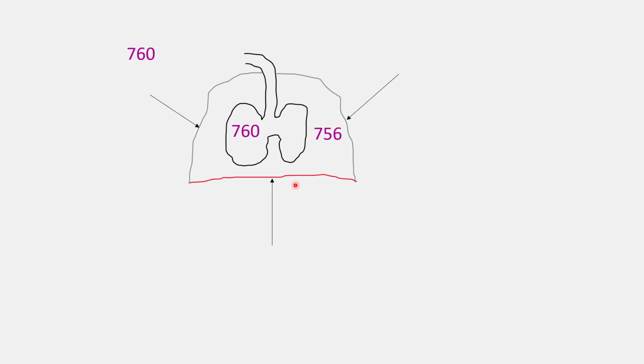Now, as a result of that, what's going to happen to the intrapleural space? Well, the volume is going to decrease. And if the volume decreases, the pressure in the intrapleural space increases. It's not going to increase a lot.